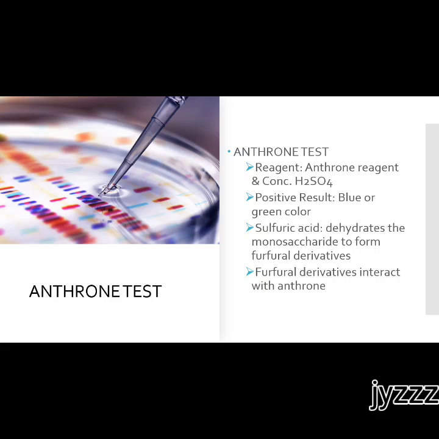Then your sulfuric acid will also dehydrate your monosaccharide to produce furfural derivatives. Furfural is produced when you have a pentose sugar, and hydroxymethyl furfural for your hexose.